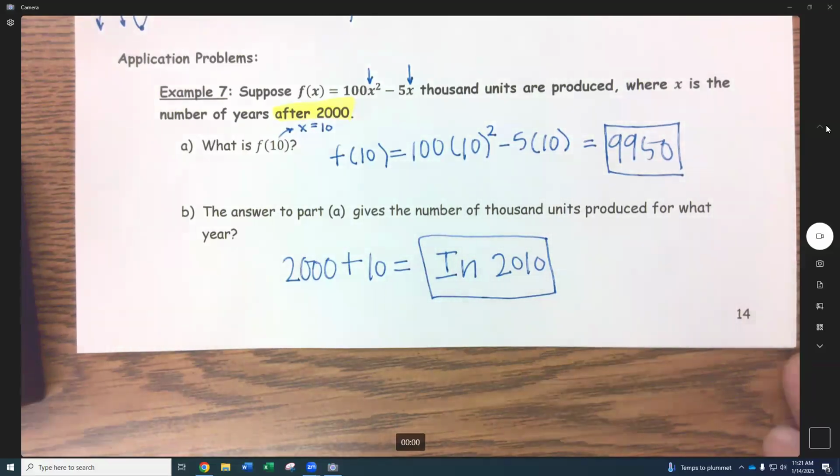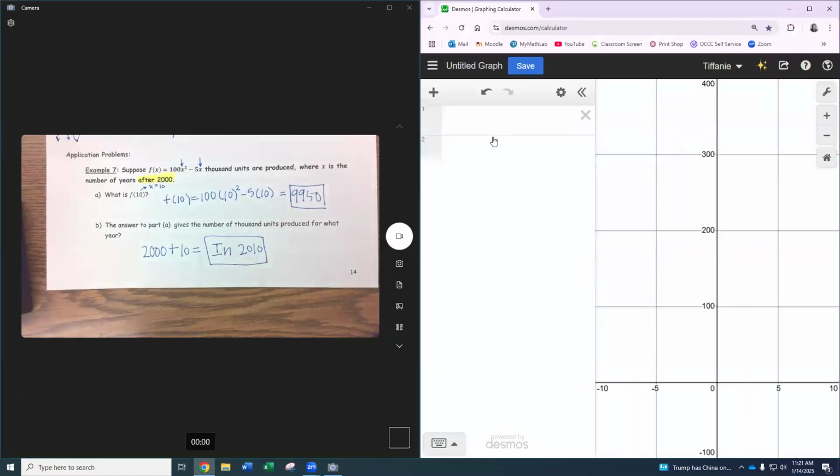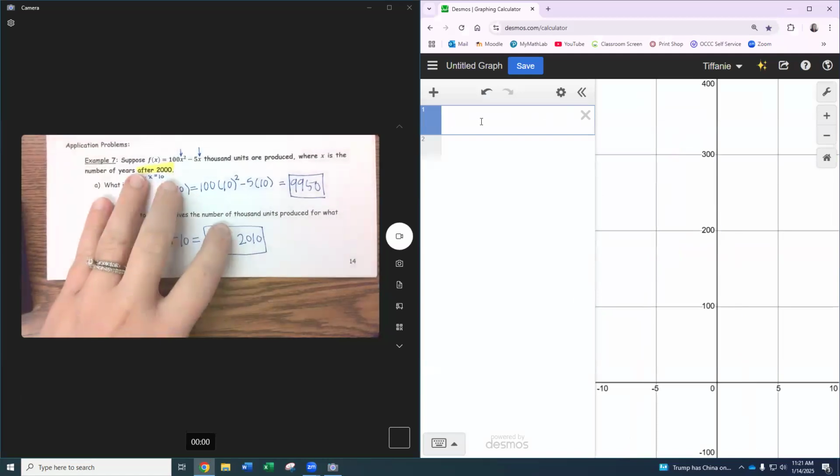So really, it's in your Desmos homework, but we really don't need Desmos for it. However, we can use Desmos. Not for part B, but we can use it for part A if we wanted to. What do I want? I want this over here. Okay. I'm going to exit this out from last video, and I'm going to type this in the way I see it.